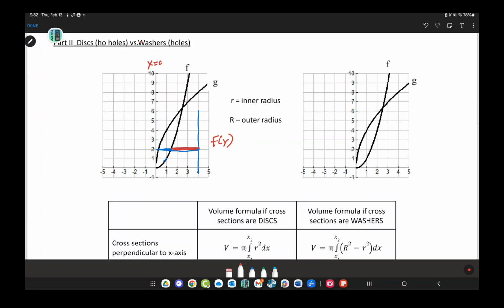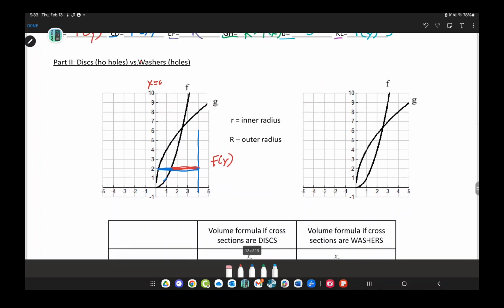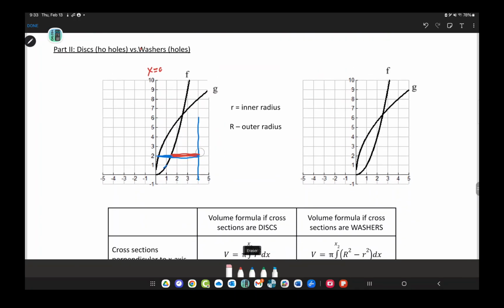That would be 4 minus f of y. So if I was rotating around that, I would take my outer radius, 4 minus g of y, minus 4 minus f of y. The upper function is whichever is the furthest from the line of rotation, and then you subtract the lower function from it, if I have a lower function.